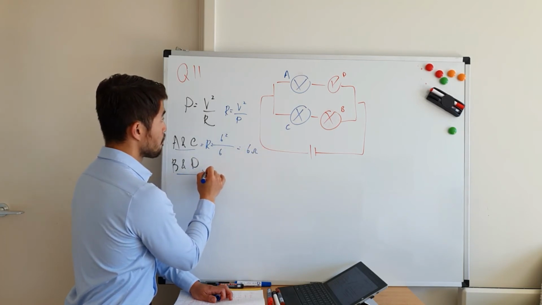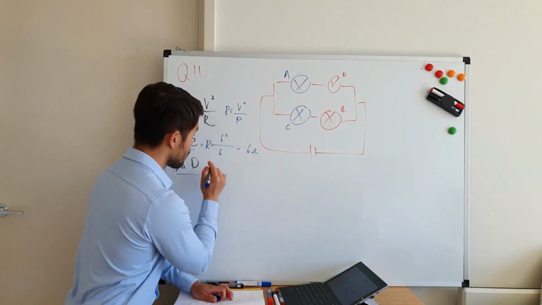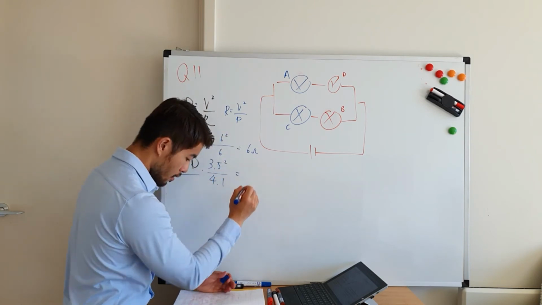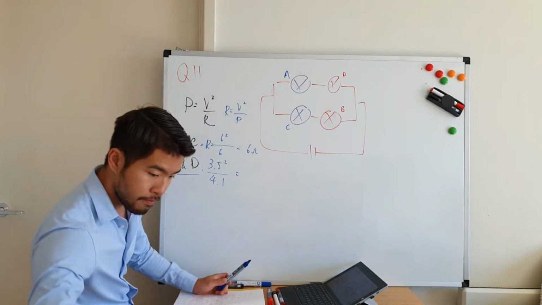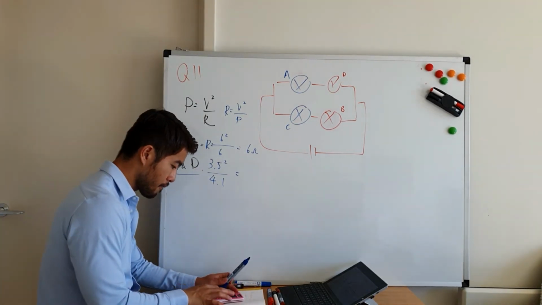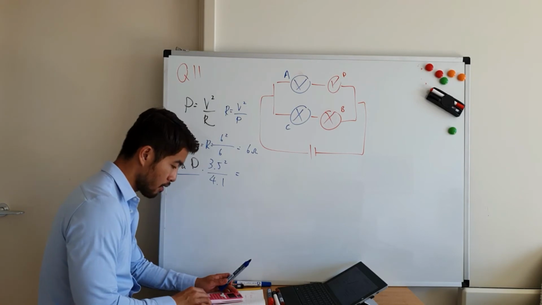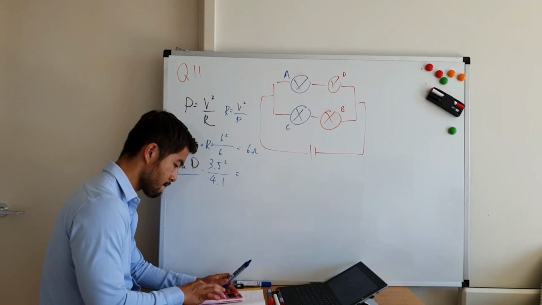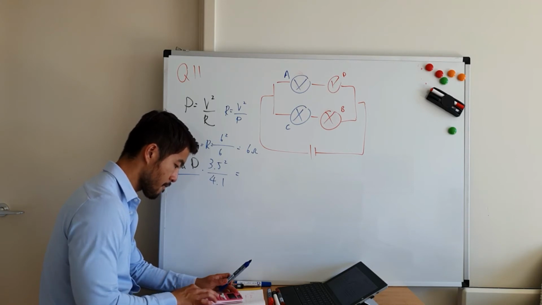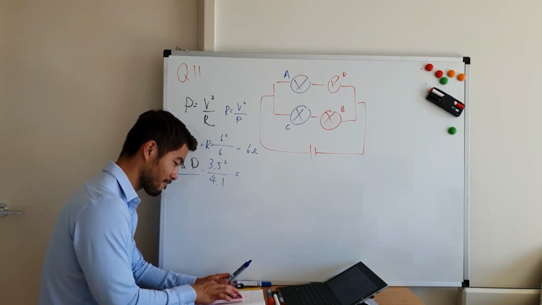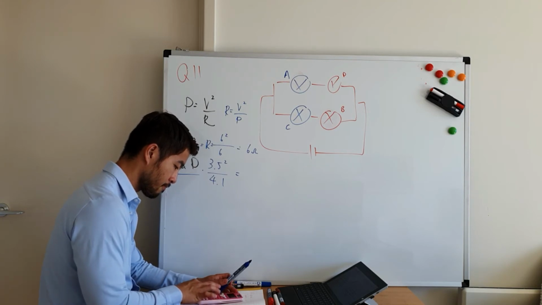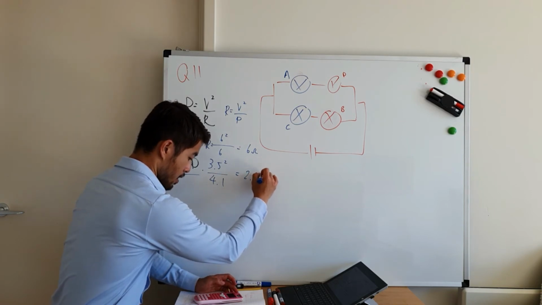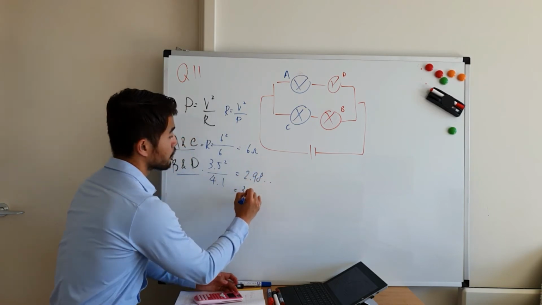B and D, resistance will be V squared, 3.5 squared, over power, 4.1. So that is 3.5 squared divided by 4.1, which gives us 2.98, I'll say it's 3 ohms.